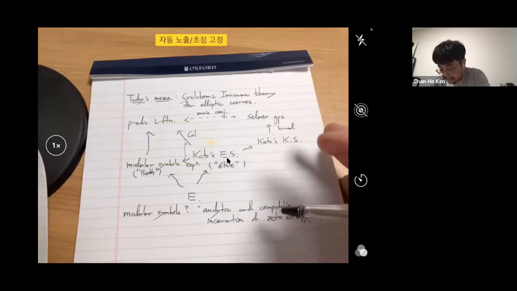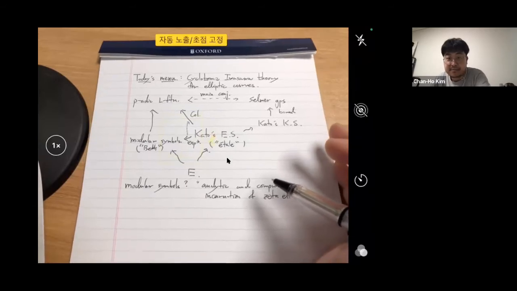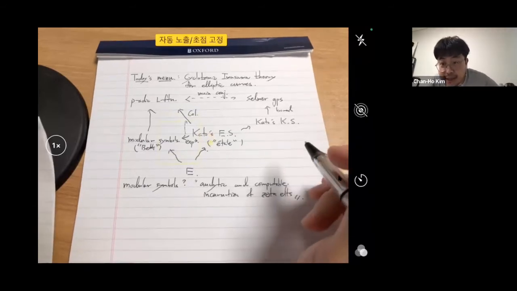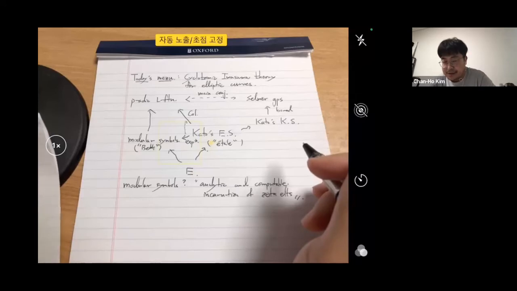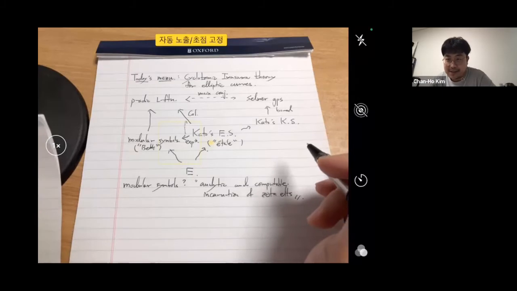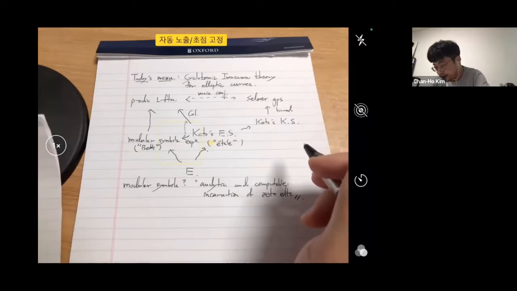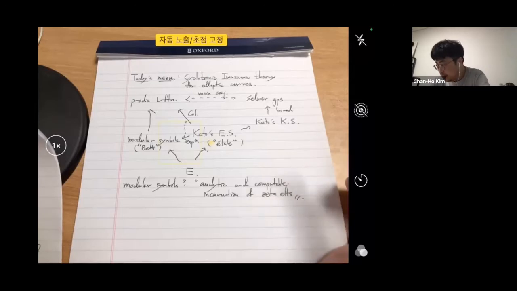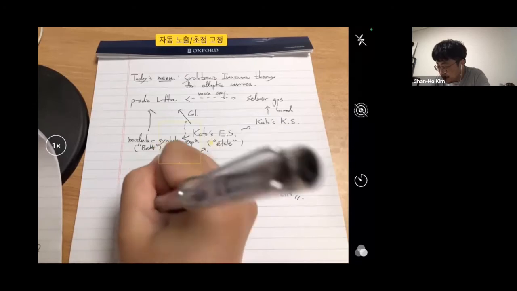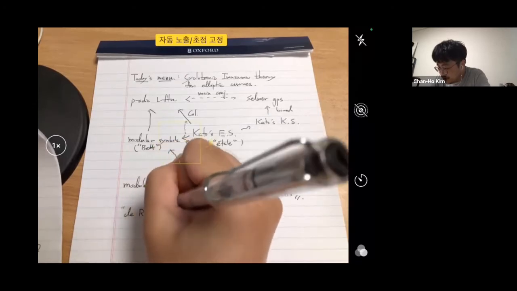We will see that. One may ask, it's not necessarily one motive, it's just a philosophical thing. I want to match up various realizations of motives and the various constructions of p-adic L functions. That kind of analogy. And one may ask, then what's the de Rham realization?